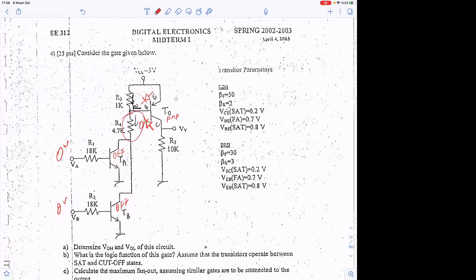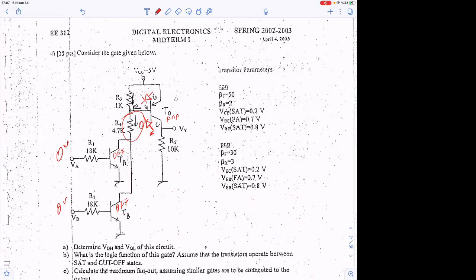No current here. Oh, nice. Which one? One below. So BCB should be off, but can this one be on? We don't know.